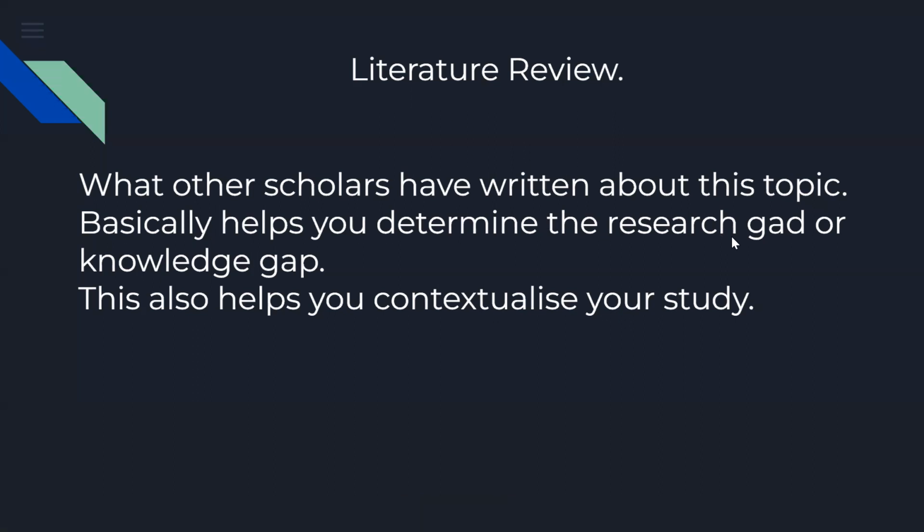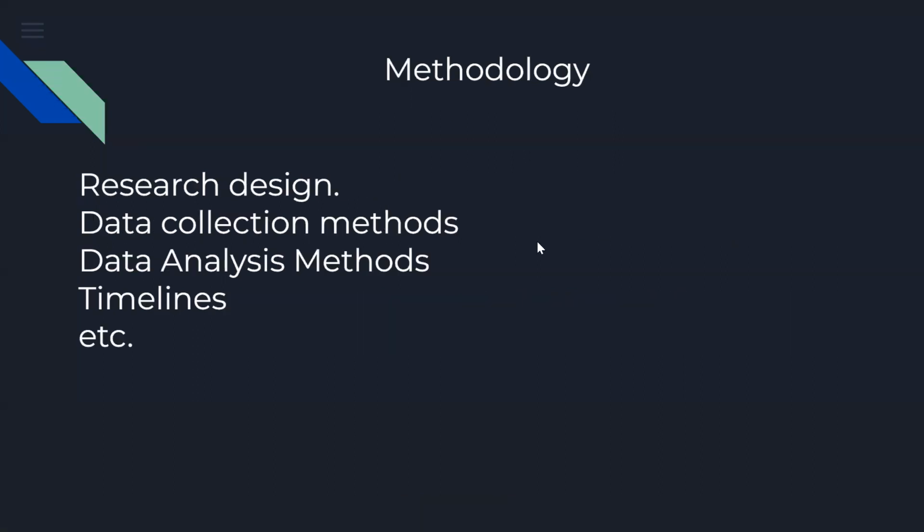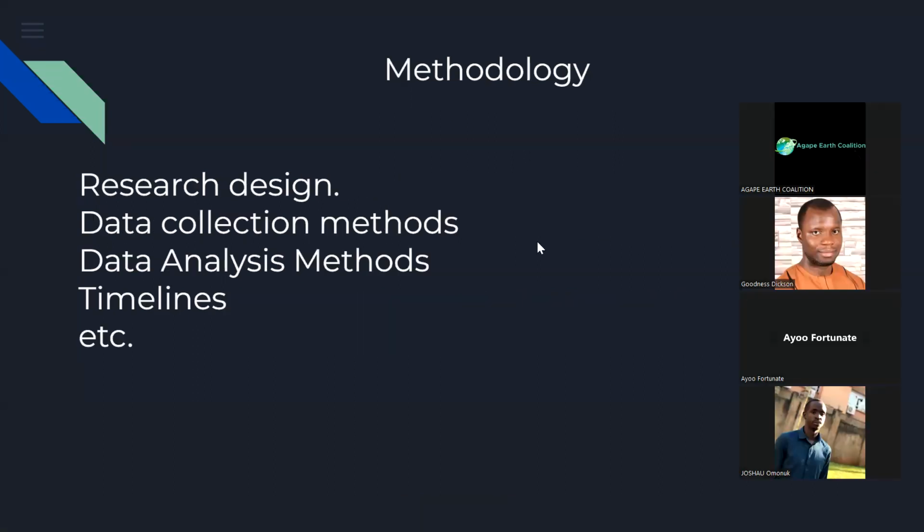Then the next one will be the methodology. Methodology is sort of how the research design is. These are just short words, but they are like big topics, and we can't go through all of them now. In the methodology, we talk of a research design. How is your research going to be?